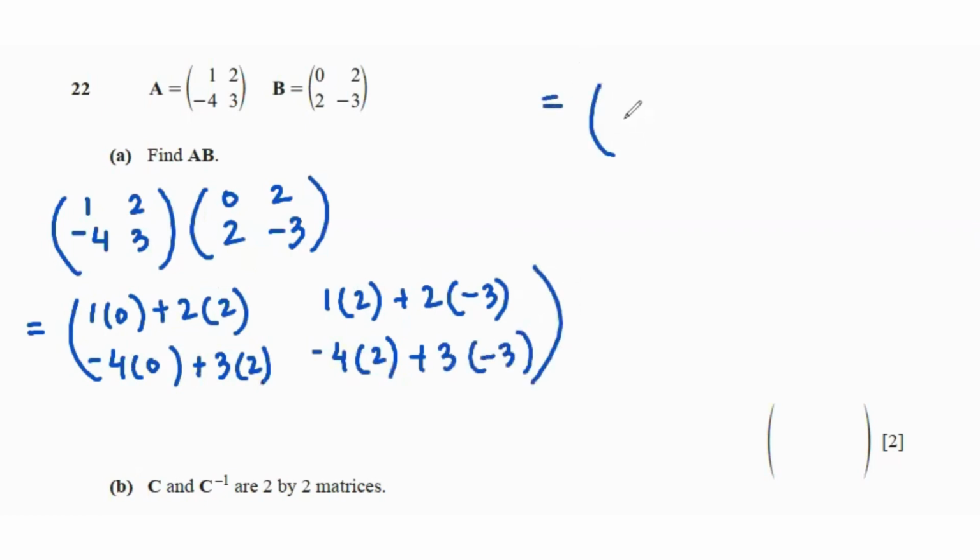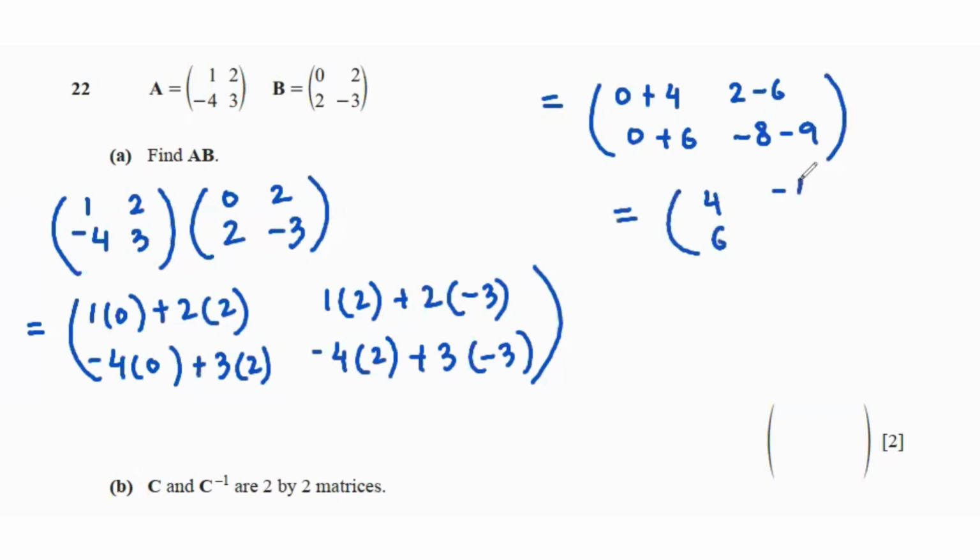That's going to equal 0 plus 4, 2 minus 6, 0 plus 6, and negative 8 minus 9, which is 4, 6, negative 4, and negative 17.